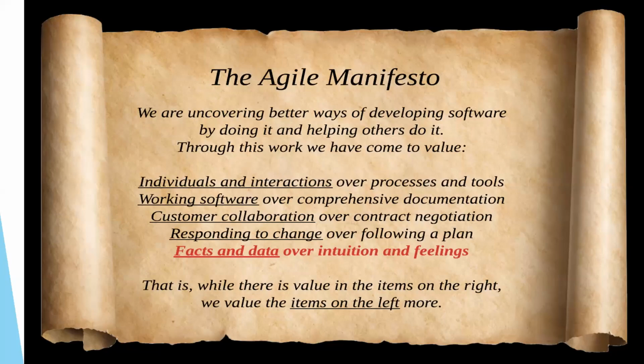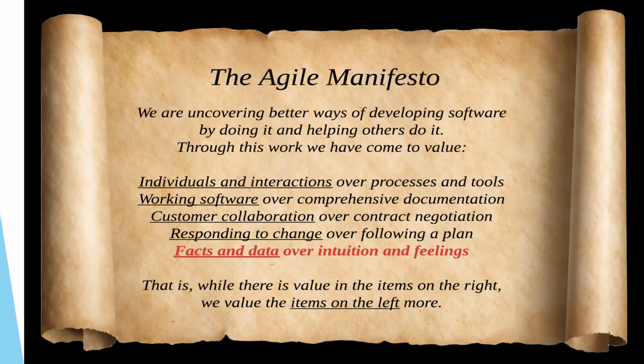We are uncovering better ways of delivering software by doing it and helping others to do it. Through this work, we have come to value individuals and interactions over processes and tools. That's number one.